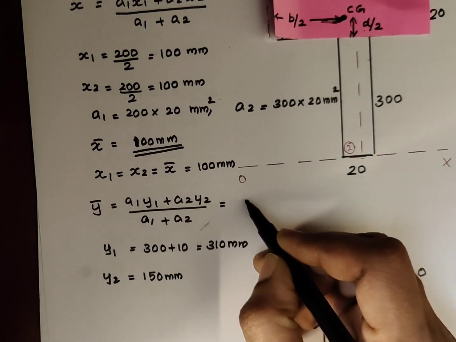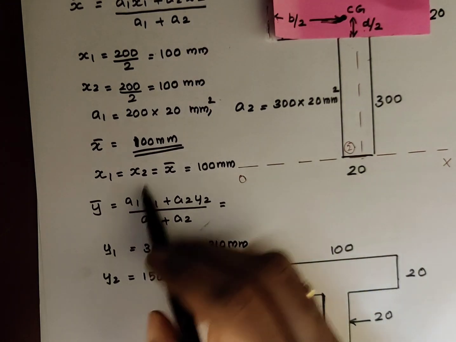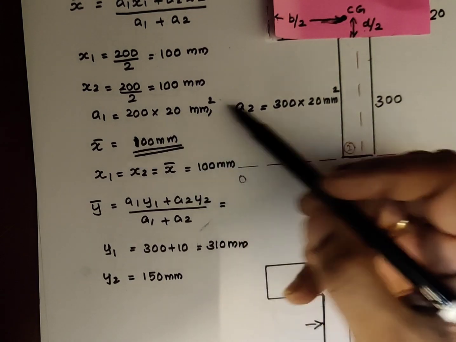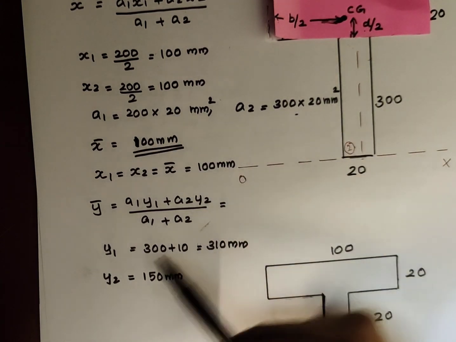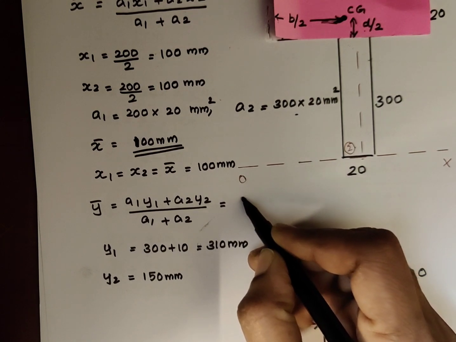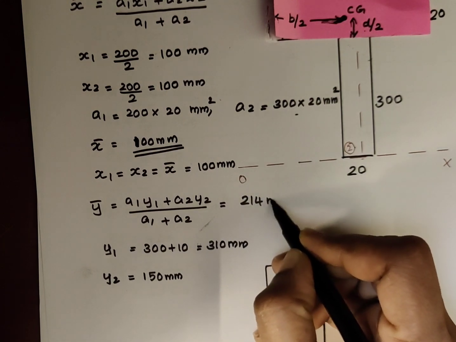You will get the y coordinate, where a1 is 200 into 20, a2 is equal to 300 into 20, y1 is 310, y2 is 150. So now y bar is equal to 214 mm.